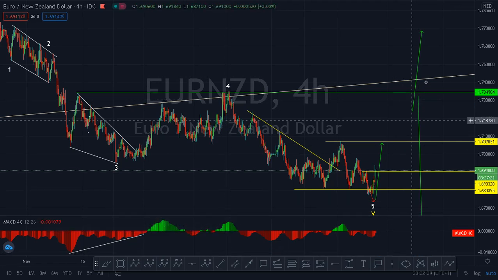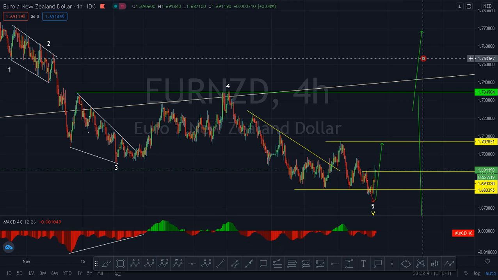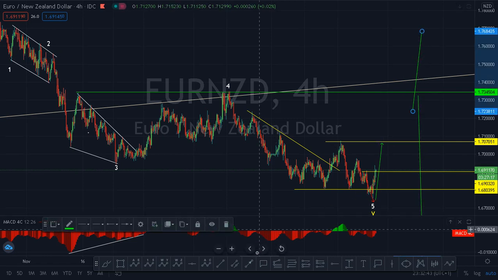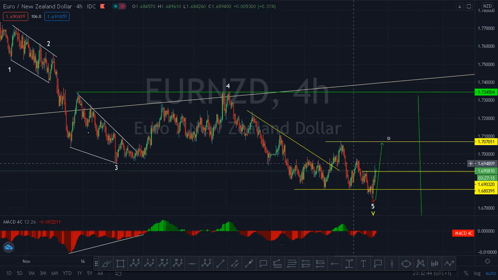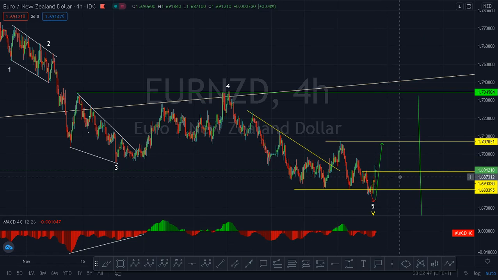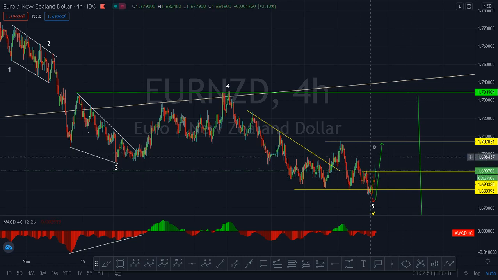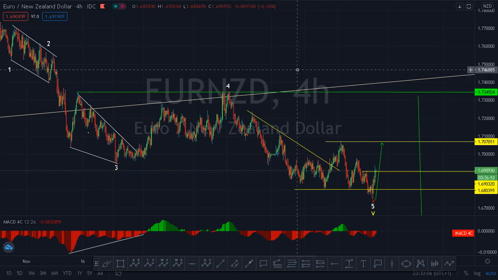It can come here and go back, but then it will frustrate you. So the best thing is to take your profit around here and wait. If it breaks here properly, if it breaks and closes above this line, then you target this line. So that's how the business is done. You know when to take your profit, and you know when to let it run.